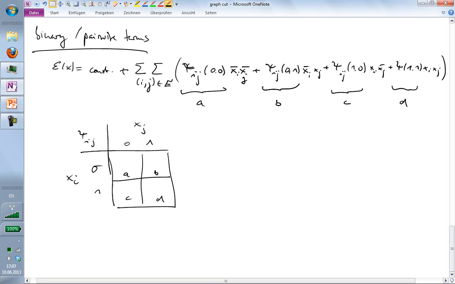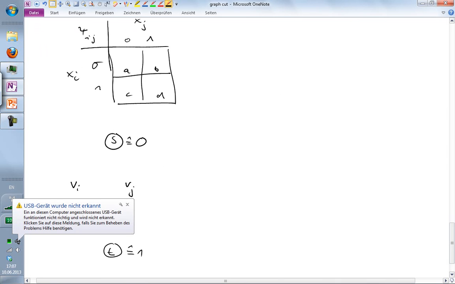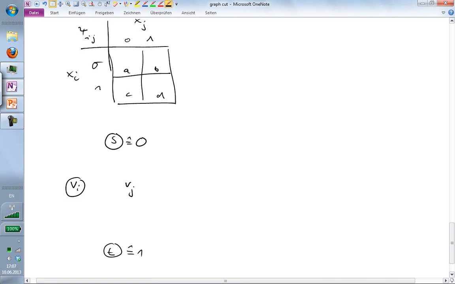And I now want to express this energy in terms of a graph. So I have a source node corresponding to label 0. I have a sink node corresponding to label 1. And then I have two vertices, Vi and Vj, that are in the edge set.